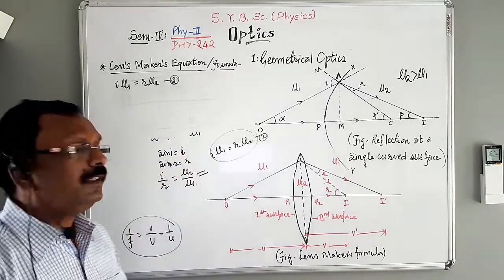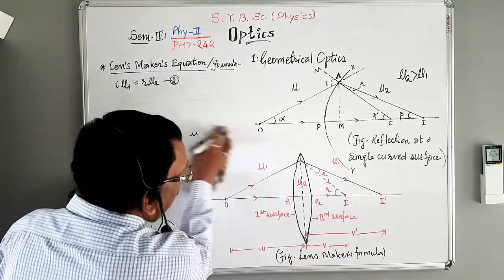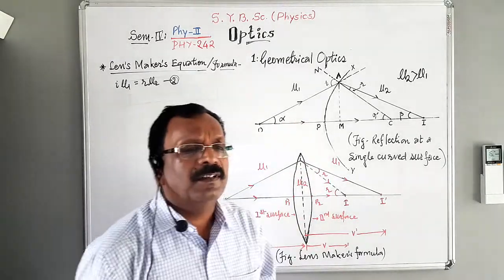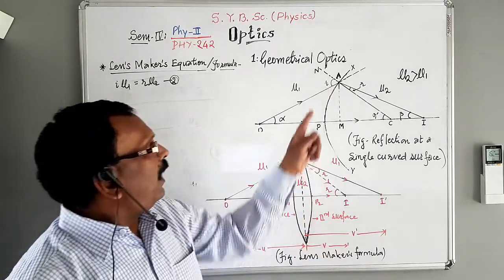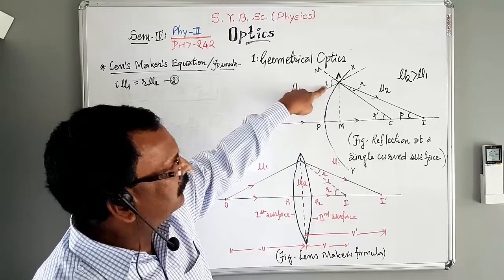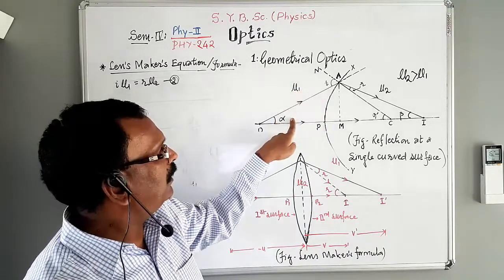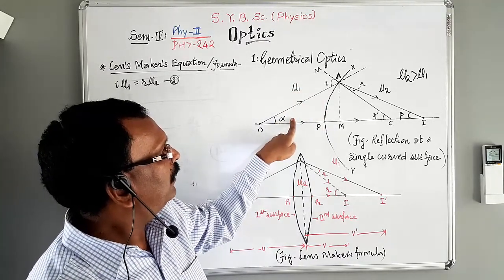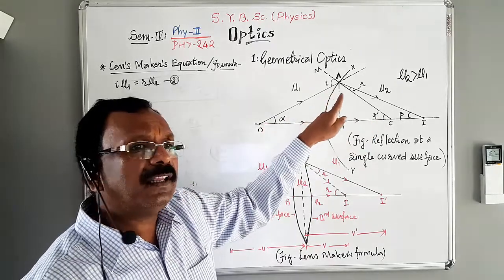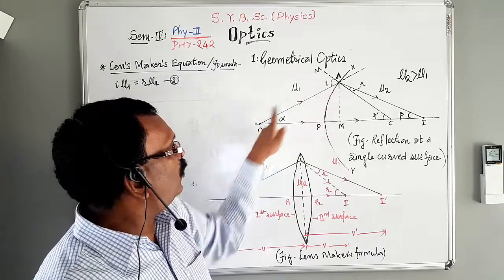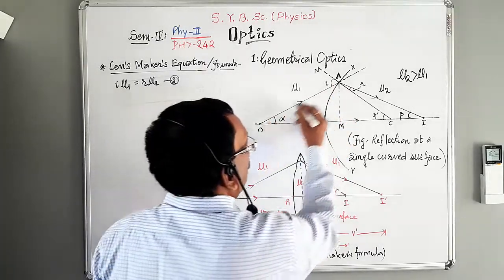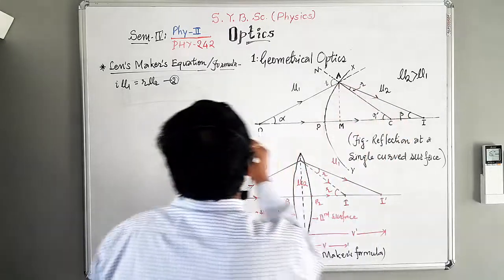Now see here in this figure, I is equal to what? I is equal to alpha plus gamma. This is the triangle OAC.